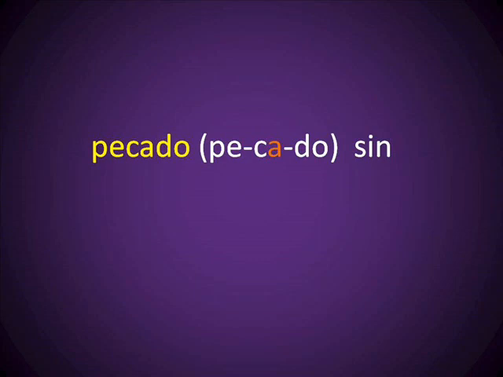Remember, soften the P and C, pronounce D clearly, and don't say O, because the vowel is A, pecado.